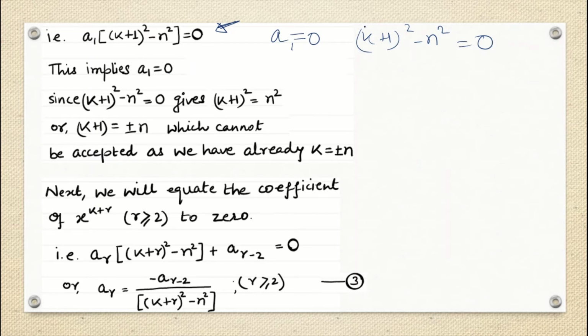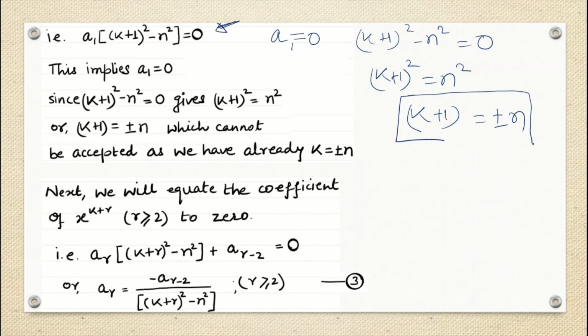So in that case, what will happen? Then definitely (k plus 1) whole square minus n square will be 0. That means (k plus 1) whole square will be n square. Or in that case, k plus 1 will be plus minus n. But this we cannot actually accept. The reason? Because in the previous case only, we had seen that we have accepted k is plus minus n.